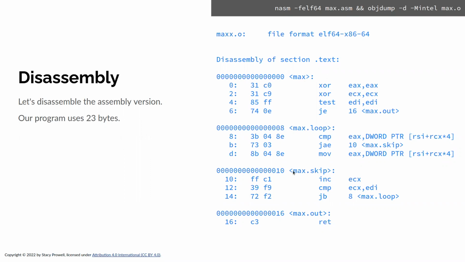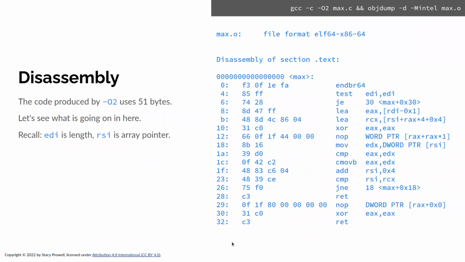There's max, max loop, max skip, max out. And there are the instructions we put in. Nothing too surprising there. That's what we put in. We'll notice that it goes from hex 0 up to hex 16. So that would be 16 plus 6, which is 22. With the 0, it's 23. So 23 bytes of program code.